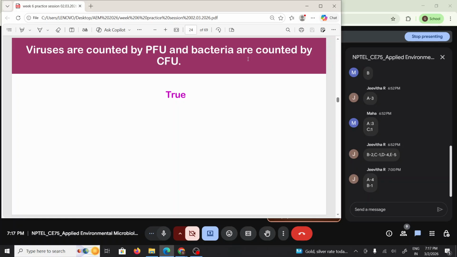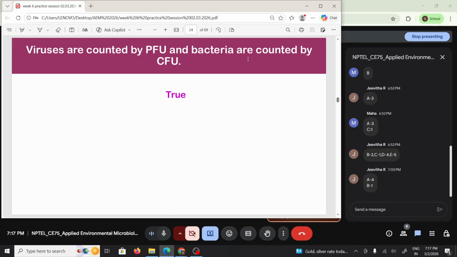When we do this in a petri plate, which we call plating, we find different colonies of bacteria growing, and we count the colonies and interpret the results in terms of CFU, the colony forming units.